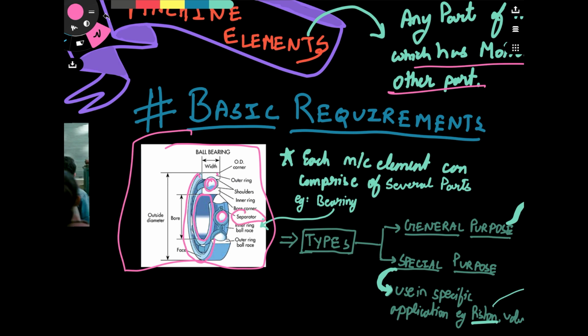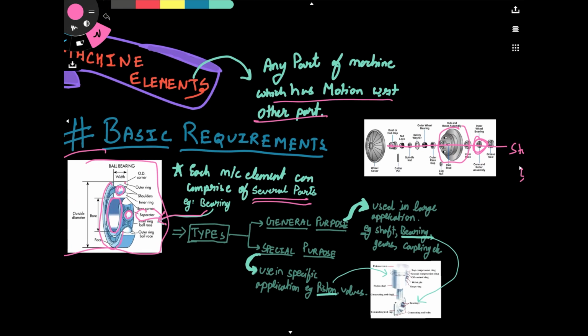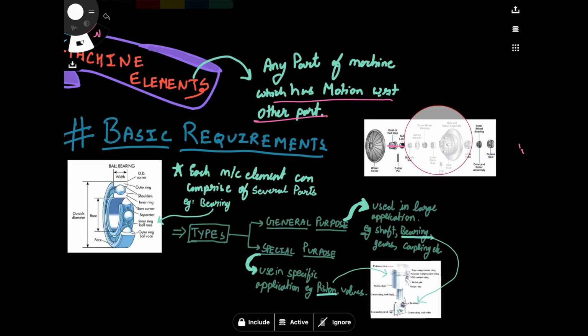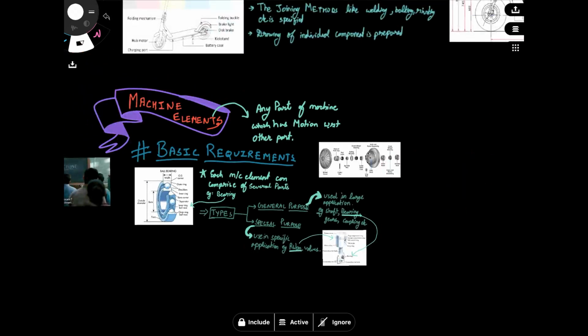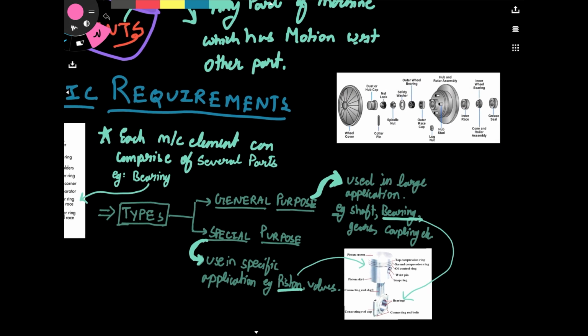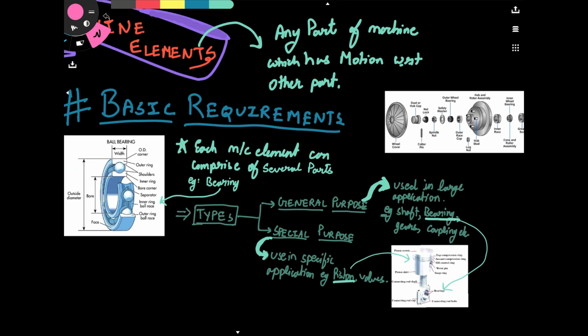So a machine element can comprise different parts, and that's very much possible. We must not restrict ourselves, thinking a particular element might have only this much. Everything is possible. This machine element also has different parts of its own.